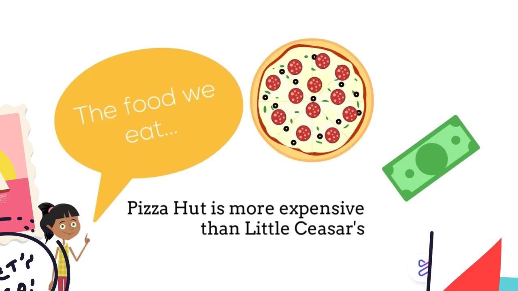Why? Because a pizza at Pizza Hut is usually around 200 pesos, and a pizza at Little Caesars can be 100 pesos or so, okay? So Pizza Hut is more expensive than Little Caesars. Once more, the opposite is also true. Little Caesars is cheaper than Pizza Hut, okay?